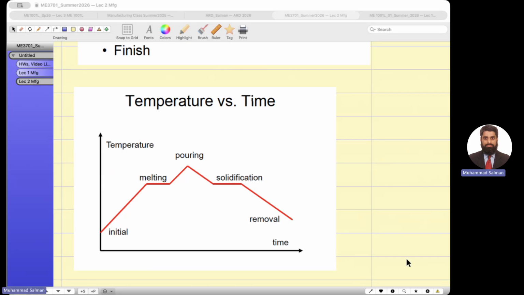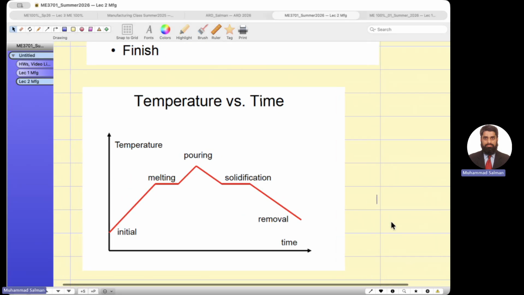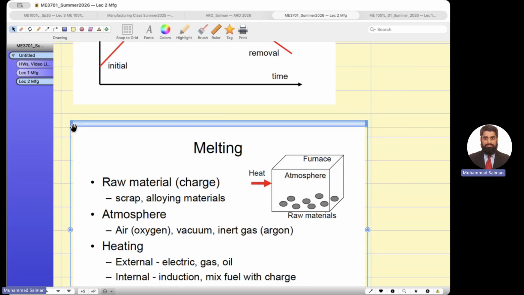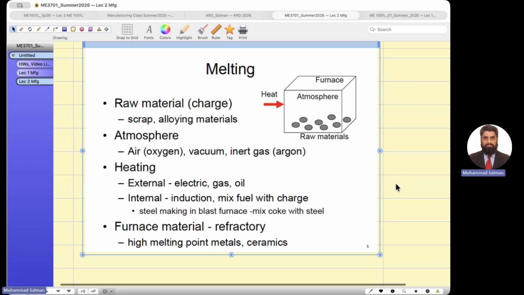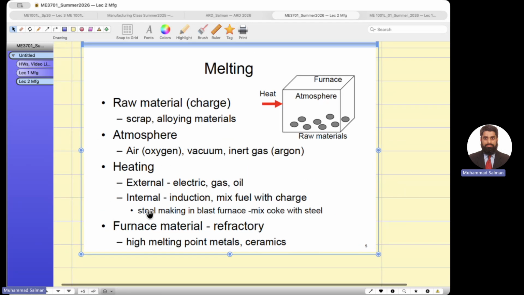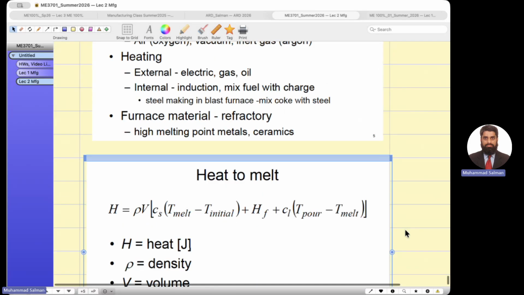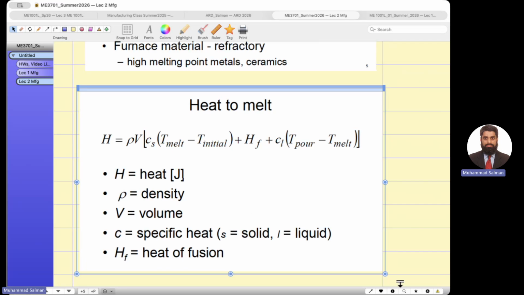We already saw this slide earlier, how you melt a metal inside the furnace. Raw material is known as charge, heating happens at atmospheric pressure, and the furnace material is refractory. Heat to melt. Please write down this formula. How much heat is required to melt a metal?